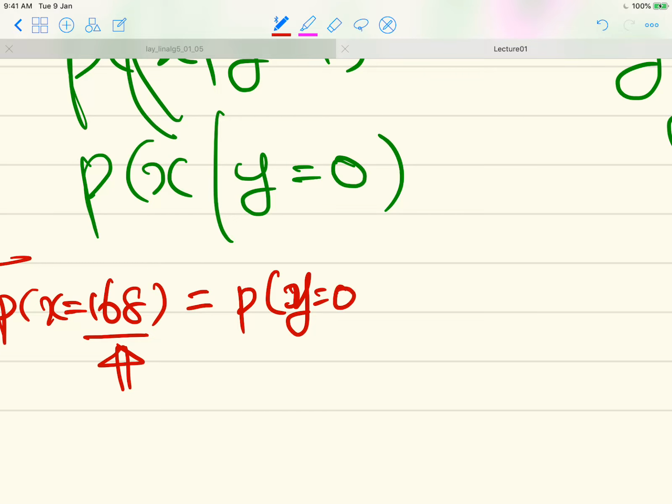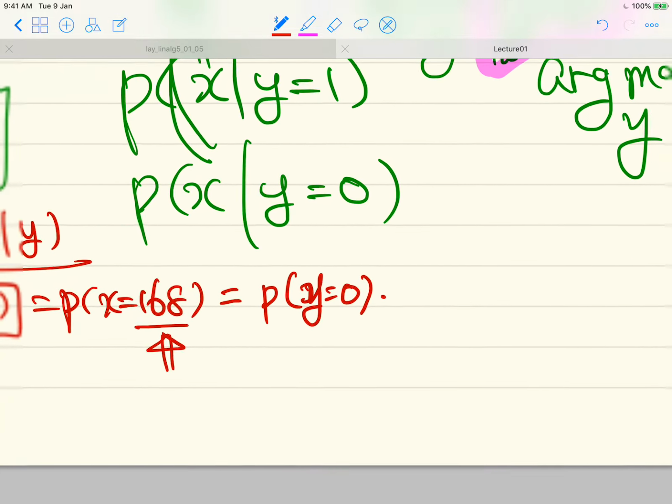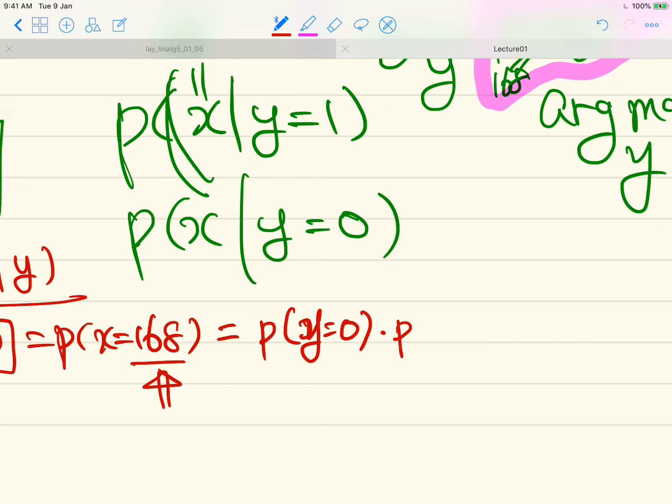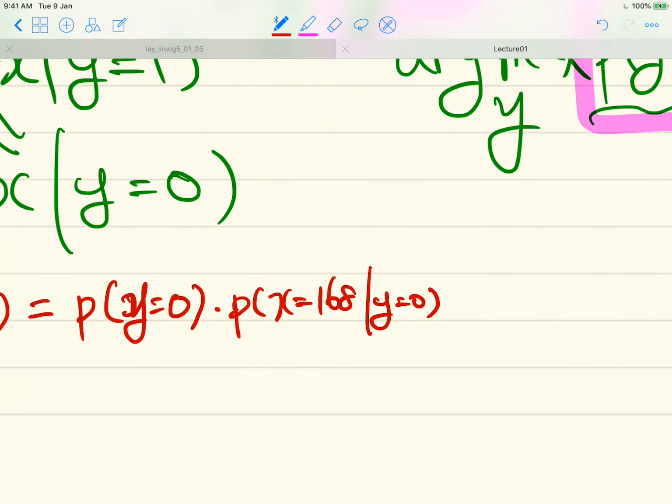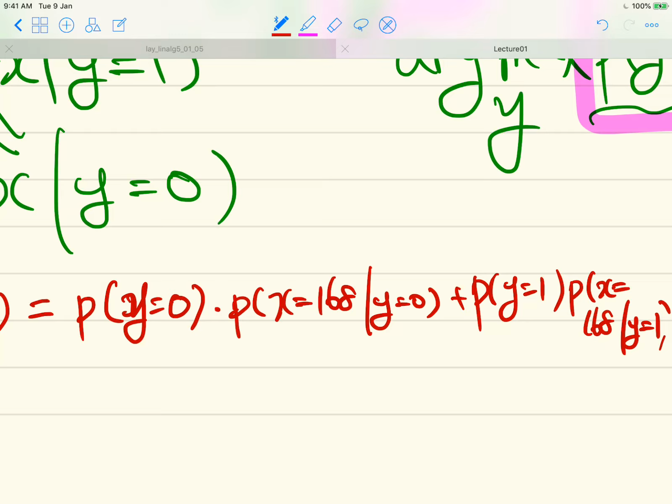So y being 0, plus p of y being 1 and p of x equal to 168, like this one, okay?